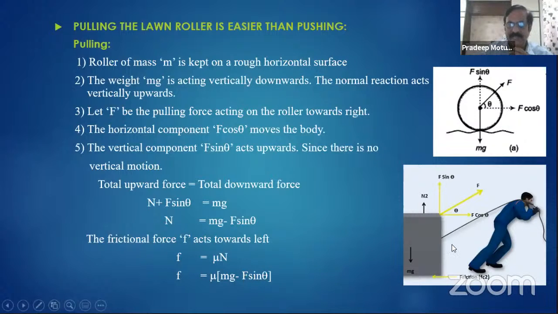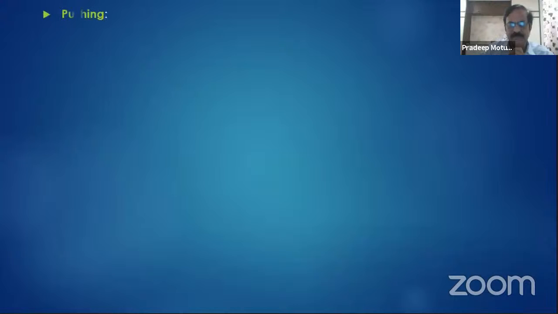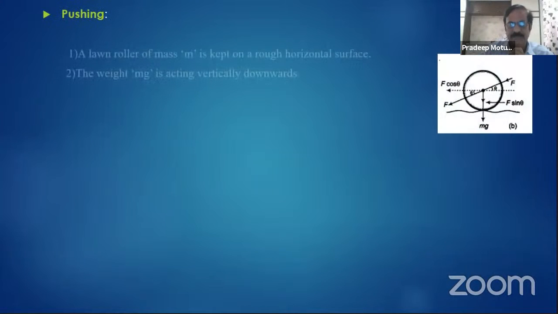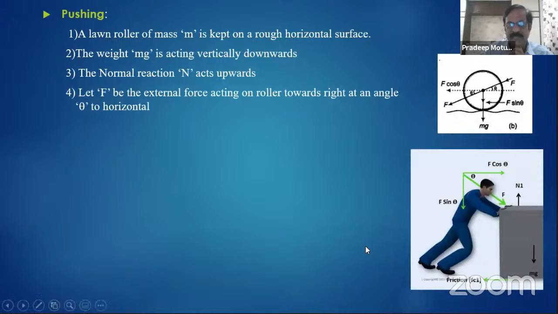Just have a look at the diagrams. Here the man is pulling, so while he is pulling, there is a frictional force acting opposite to it. If you calculate that frictional force, you get F is equal to mu into (mg minus F sin theta). Similarly, if you calculate here, the man is pushing.